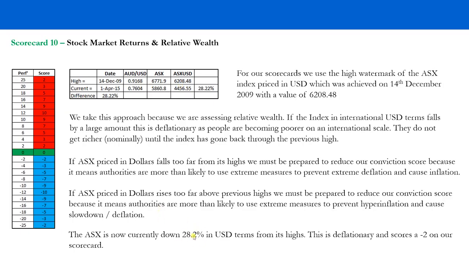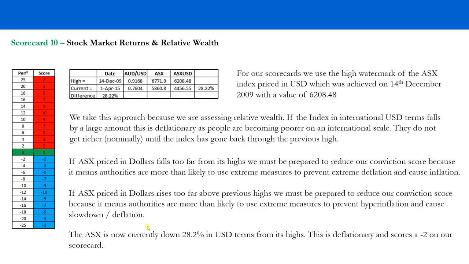Because of that fall, we have a lower conviction on our short, because we're very highly confident that there's probably going to be at some point some sort of managed intervention from central authorities, and we have to be prepared to jump to our zero bound or our inflationary scale, because the high watermark after intervention could start to approach.